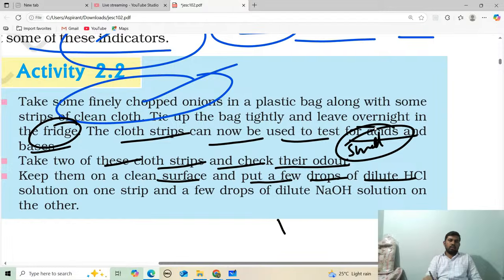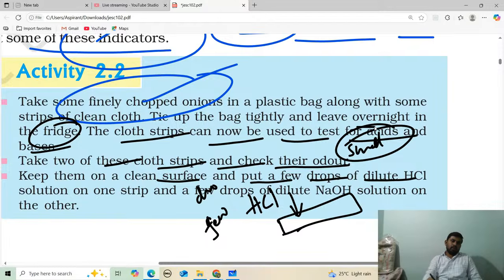The cloth in which onion was kept, they add a few drops of HCl on it. Then what happens? The smell remains the same.